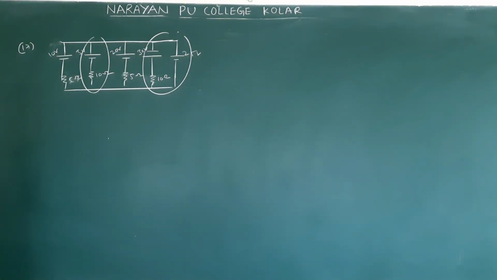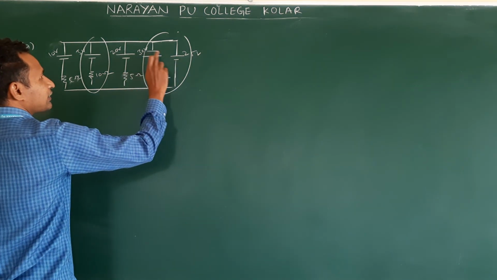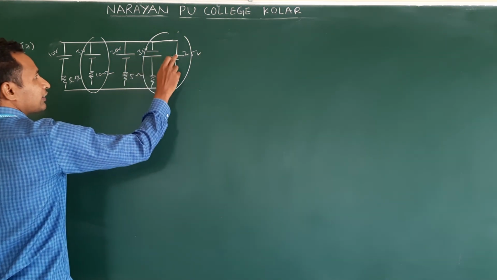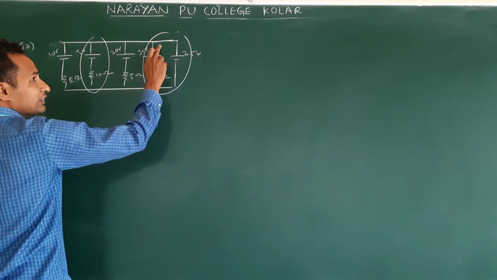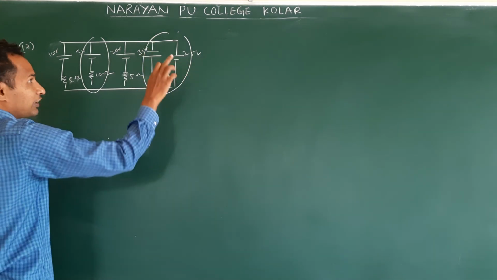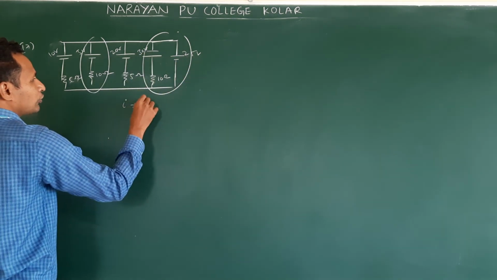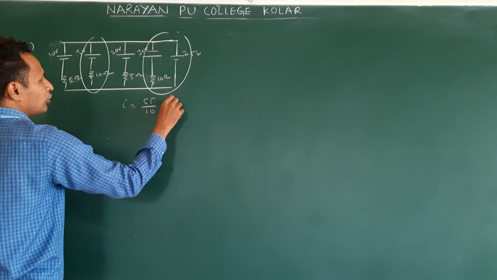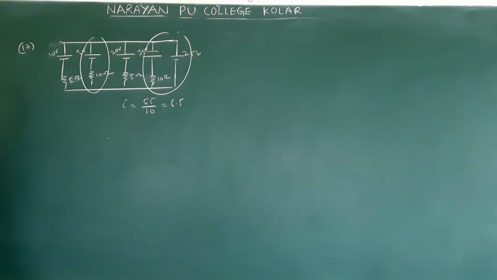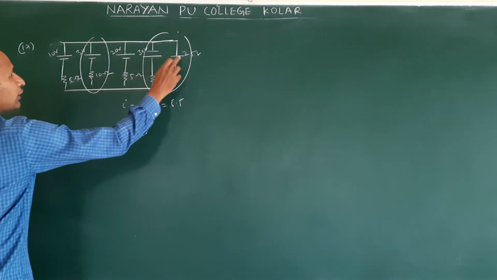Clear? Understand? Now in this, plus and minus are connected, so this would be in series actually. A simple technicality. So the total is what? 30 plus 25, 55. Then I is equal to 55 by 10. So 5.5 ampere.